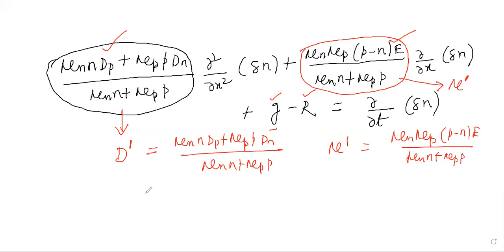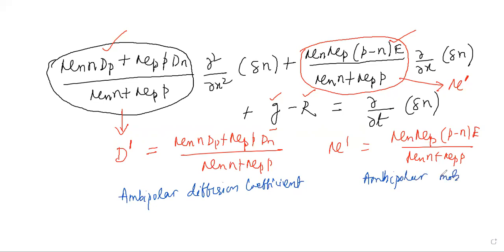So this one we call the ambipolar diffusion coefficient, and this one we will call the ambipolar mobility. Or else you can call it the effective diffusion coefficient and effective mobility.